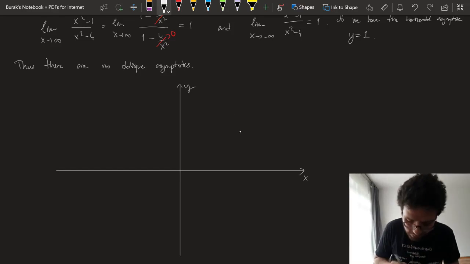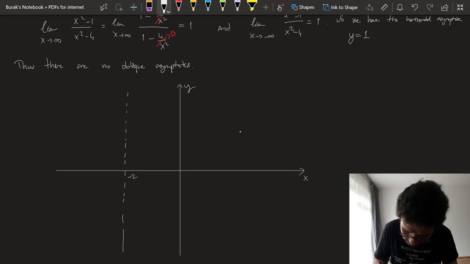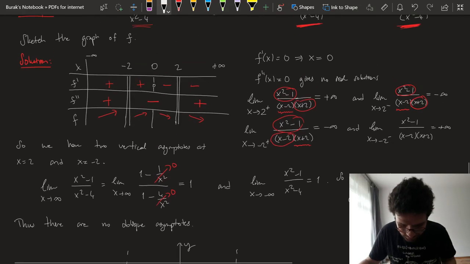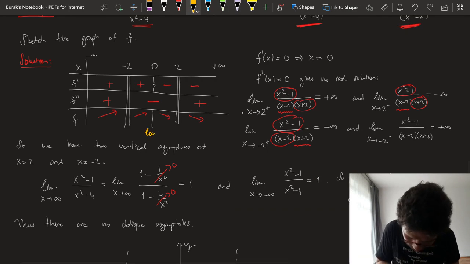Okay. Now I have two asymptotes at -2 and 2, and I have one local maximum by the first derivative test.